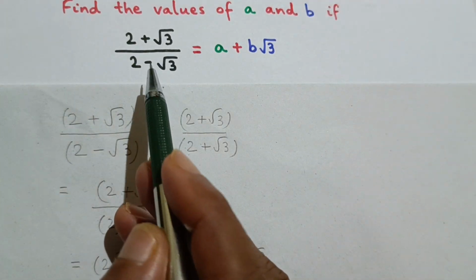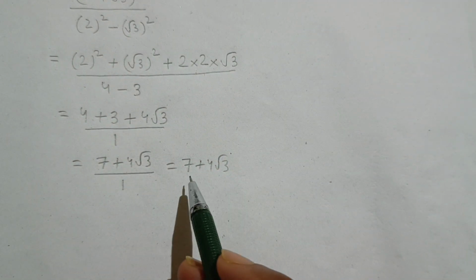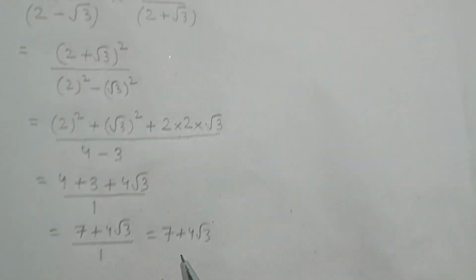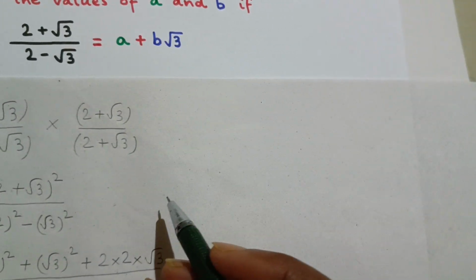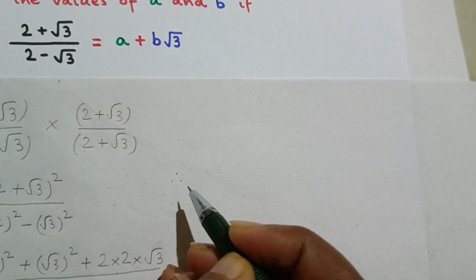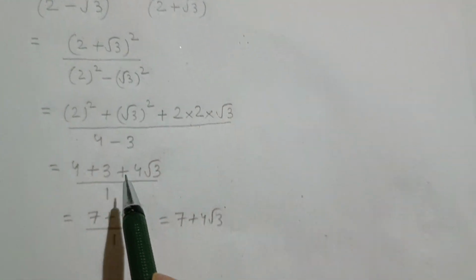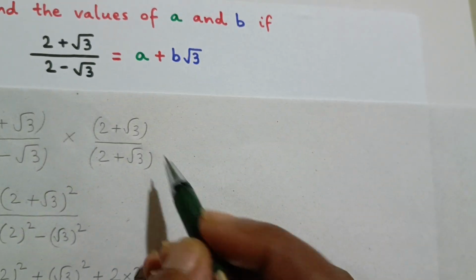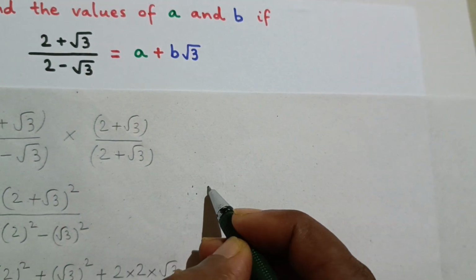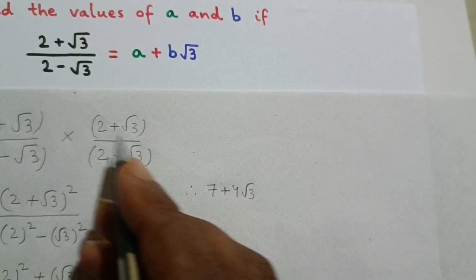When I rationalize its denominator, this expression becomes 7 plus 4 square root of 3.